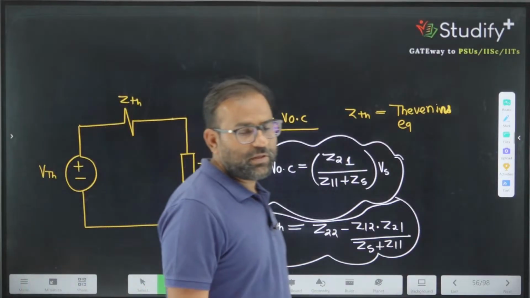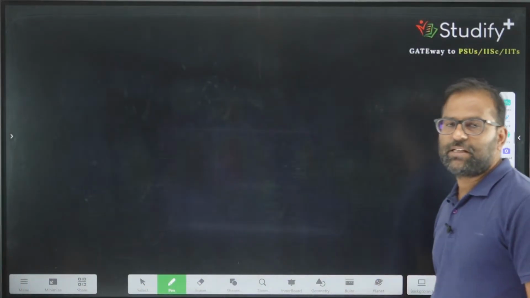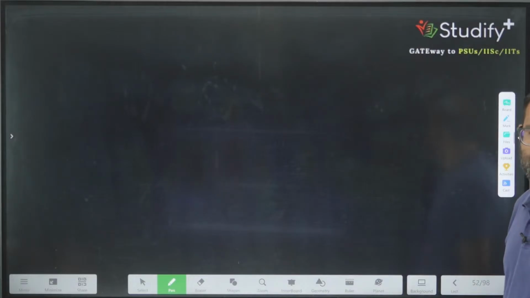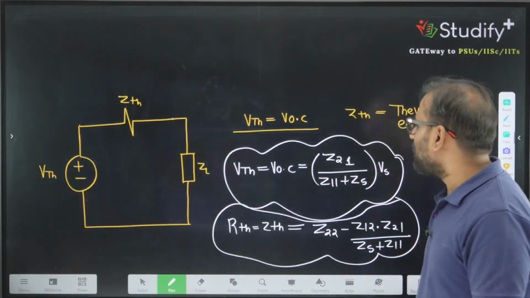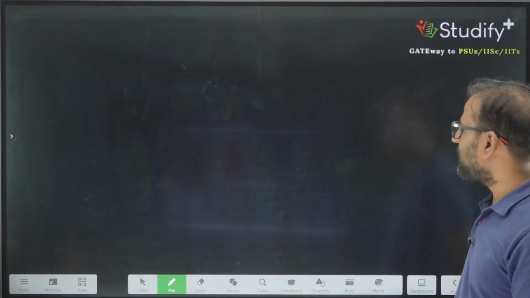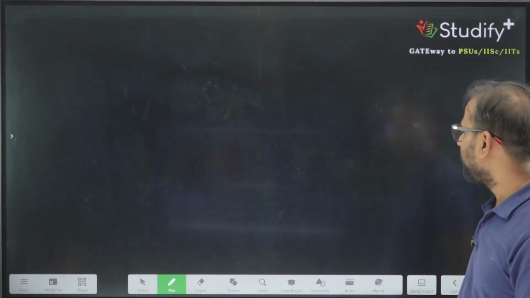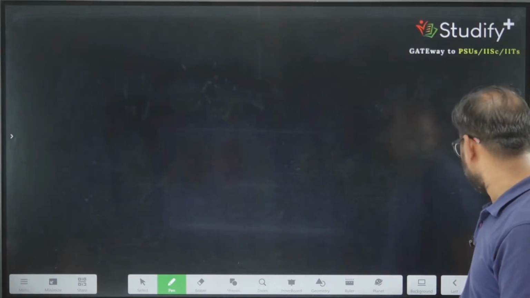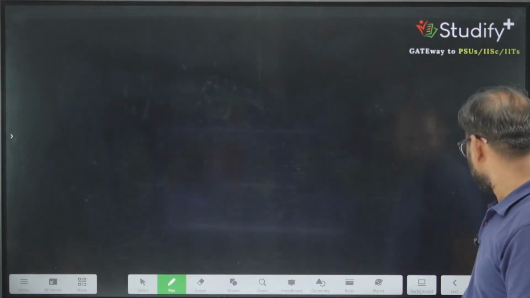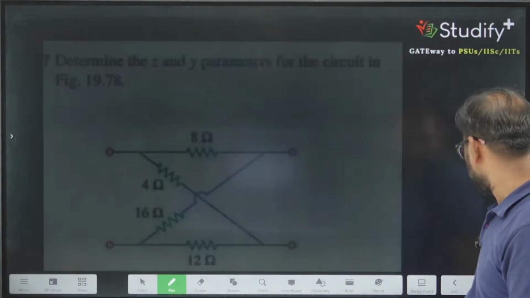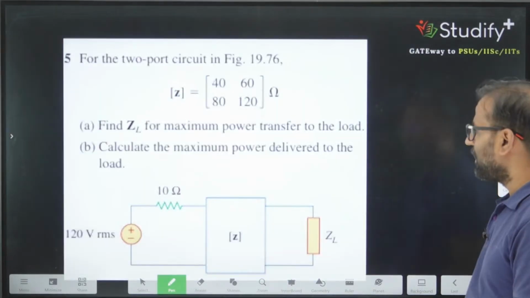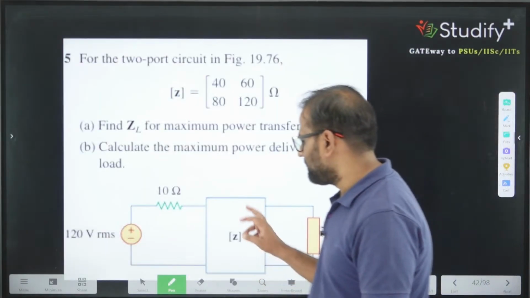This is one more variety of the question you can expect in your exam. Next, let's go for the next variety of these questions.